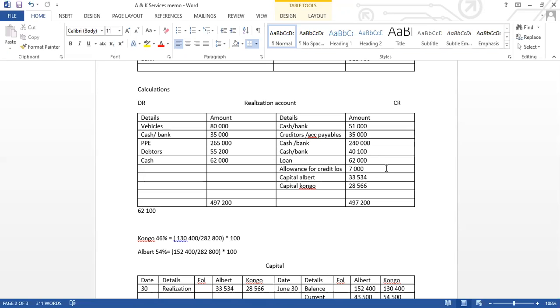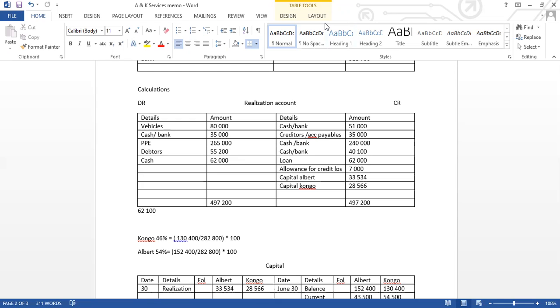Any other questions, guys? So whenever we are asked to do a general journal of the entries on liquidation, we are advised to do the realization account first and the capital bank before we do the journal? I won't advise you to do that because you can only do this if you feel like you have enough time, especially during the examination.